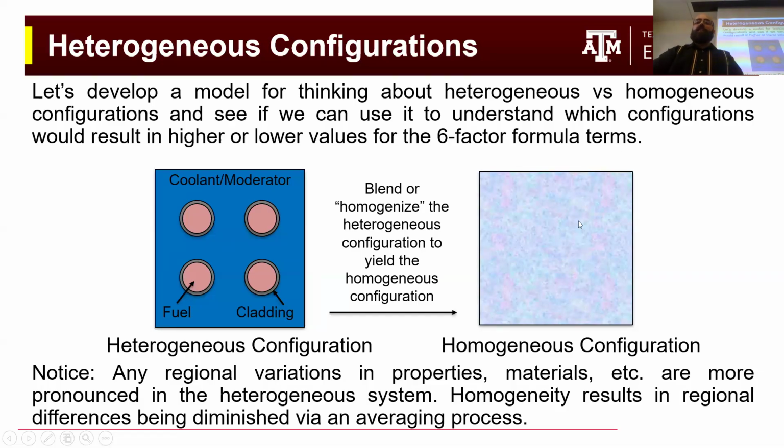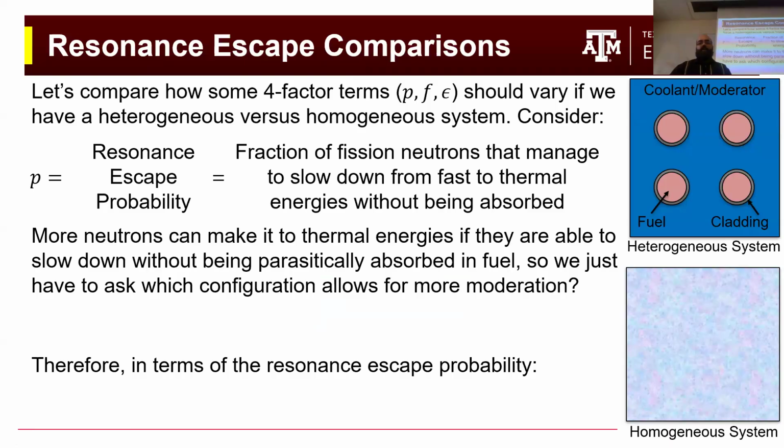Whereas if I'm in the homogeneous configuration, everywhere is kind of the same, both in terms of its moderating ability, but also all the other effects are going to be there. So if I want more efficient moderation, if I want a fast neutron to be able to slow down to a thermal energy, it's actually more likely to happen in the heterogeneous configuration, where I have so much more moderator space for that thermalization to occur. So for this one, it would be the heterogeneous.